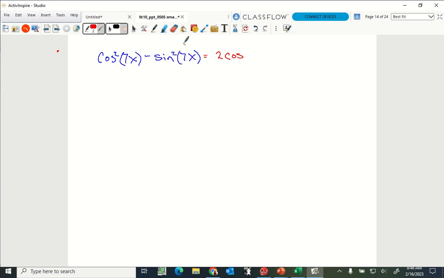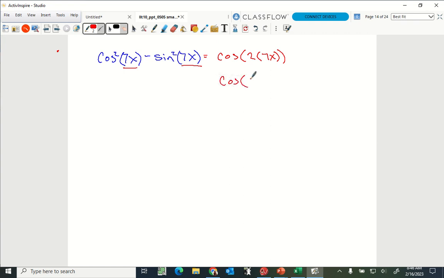Cosine, no, wait, dang it, why did I do that? I was so focused on 2 times. So cosine of 2 times whatever my A, in this case my A is 7x, right? It's 2 times whatever those are. So if I put that together and clean this up, 2 times 7 is going to give me 14, right?